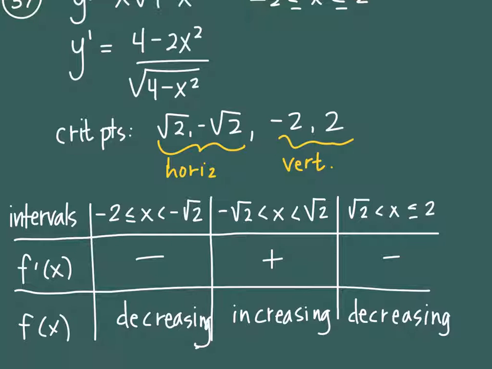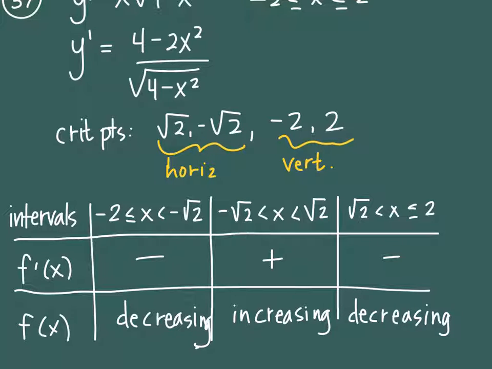So my function was decreasing for a little while, increasing for a little while, and then decreasing again. Yes? Because it includes 2 and -2, could you plug those in? No, because if I plug in -2, I'm going to get 0 in the denominator, which is why I have a vertical tangent there.